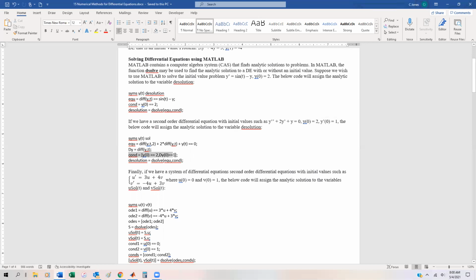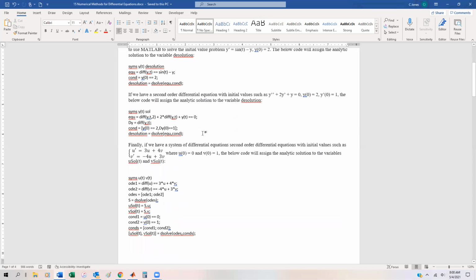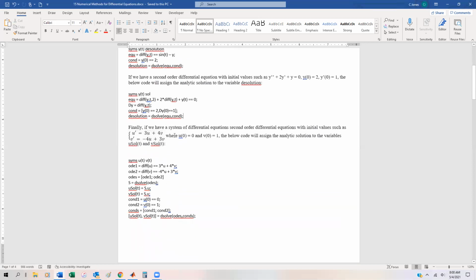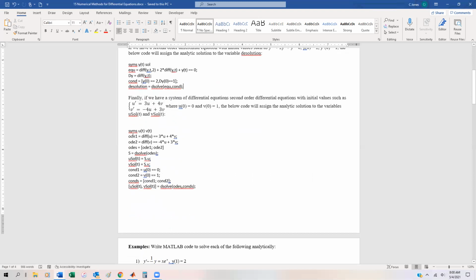So we have to put in a row vector of conditions. The DE solution is going to be the same. Finally, when we have the solution to a system, we do basically the same thing. We define our two ordinary differential equations, which I call ODE1 and ODE2, and then we have a row vector.